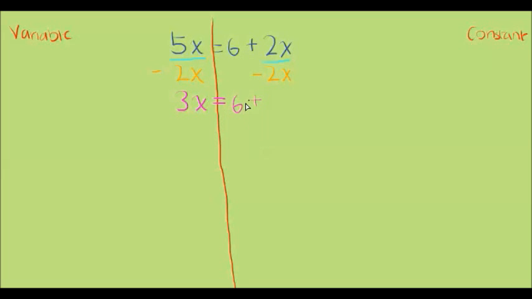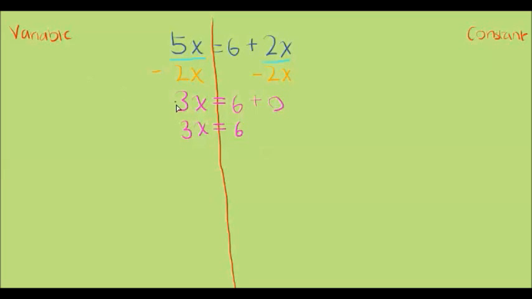We just leave it like it is. And 2x minus 2x is 0. So we can say 3x equals 6 plus 0, but we can also rewrite it as 3x equals 6 because 6 plus 0 is just 6. After we simplify, we have 3x equals 6.